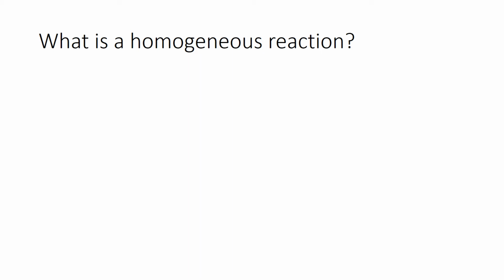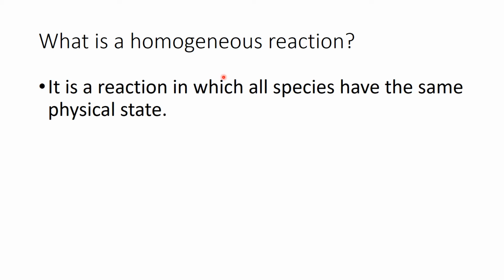First things first, what do we mean by a homogeneous reaction? We covered this a short time ago, but I'd like to see if you can remember. Just pause the video and think about what we mean by a homogeneous reaction. A homogeneous reaction is a reaction where all the species have the same physical state. So in other words, you have solids in solids, liquids in liquids, gas in gas, or aqueous in aqueous.